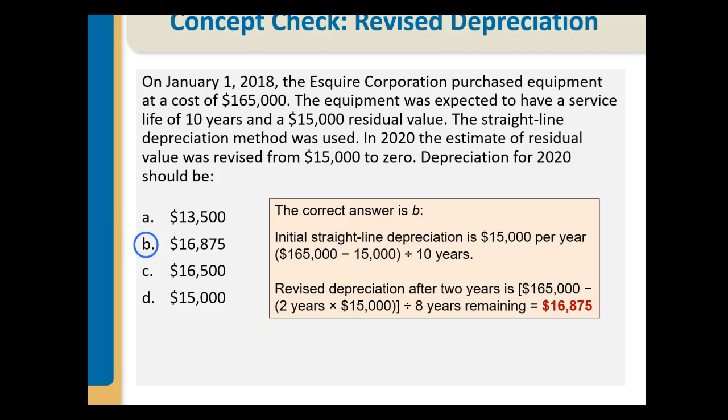Now, because we have revised the residual value to 0, we now are just using the $165 minus the 2 years of depreciation we've already taken, which brings us down to 135. Divide that by 8 remaining years. So our new depreciation each year is $16,875.